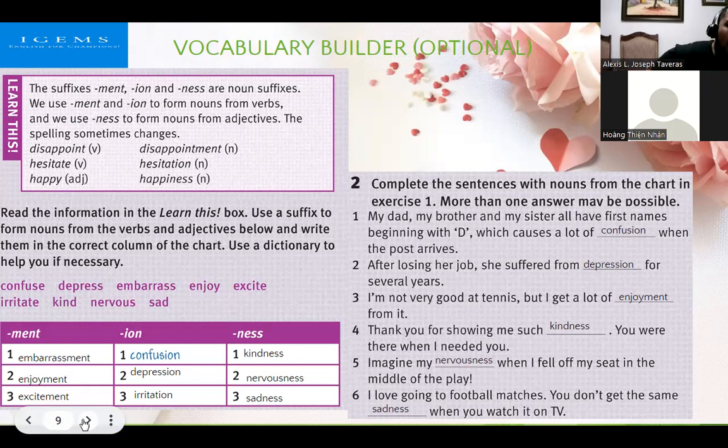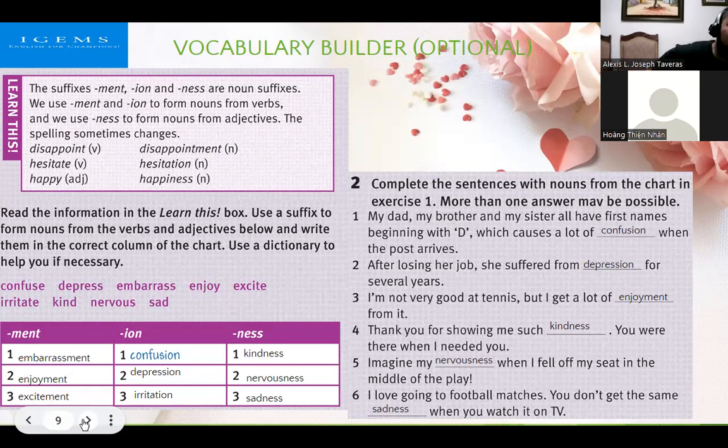Number 2, after losing her job, she suffered from depression for several years. Number 3, I'm not very good at tennis, but I get a lot of enjoyment from it.